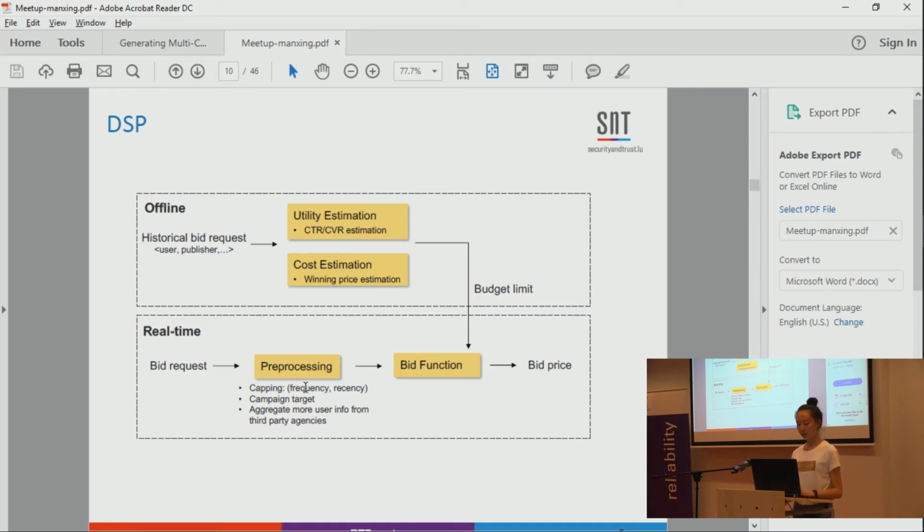We also need to set the frequency and recency of the advertisements, which means the same ads shouldn't be shown to the same user multiple times within a short time period. The DSP can also gather more information and use cookie matching to track the user's other online behavior from third-party agencies. And once we have trained a bidding function and receive a bid request, we just use it to generate a bid price and send it back to the ad exchange.